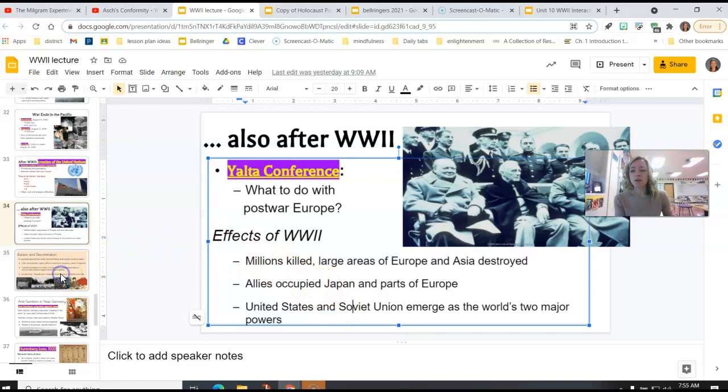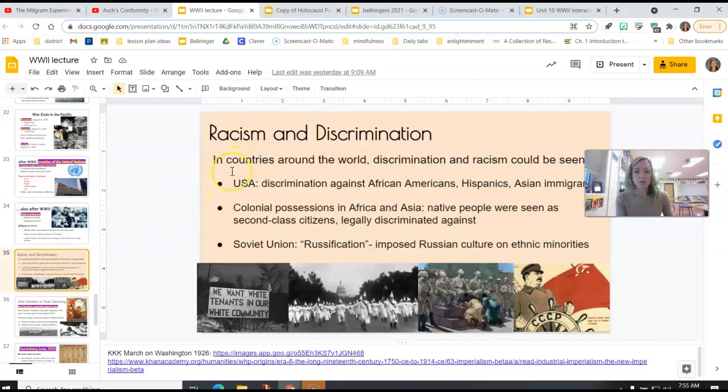Additionally, something going on behind the scenes was the Holocaust. Before we dive into the Holocaust and Nazi Germany's role in that, remember that racism and discrimination is not a new thing. In countries around the world, during World War I, the interwar years, and even during World War II, you can still see a lot of discrimination and racism, even in countries like the United States. For example, Japanese Americans were rounded up and put in internment camps.